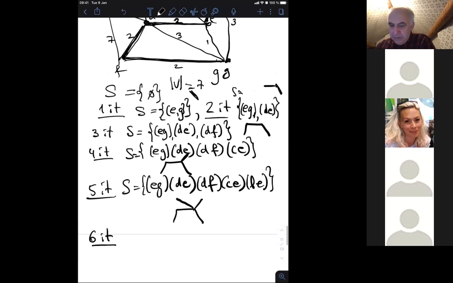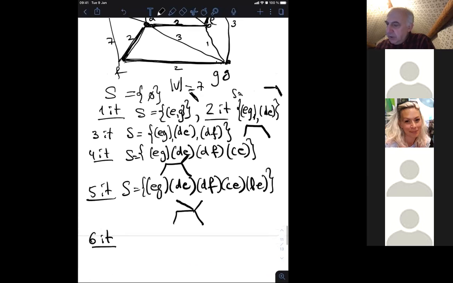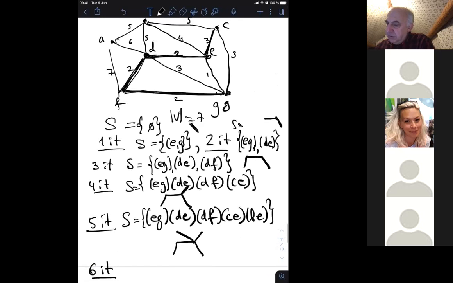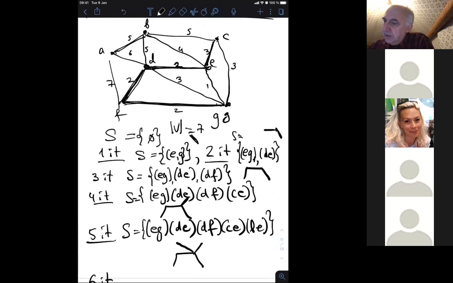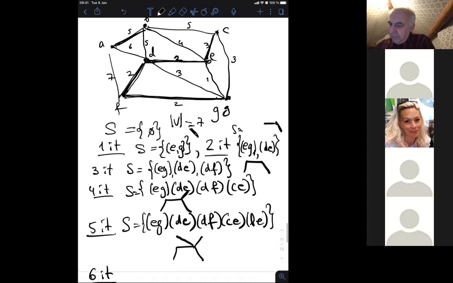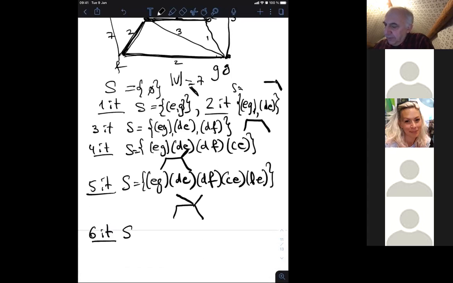Let's see. One, two, three, not to get confused. BC we cannot add because this will create a cycle. BA we can add, because this would not create a cycle. So our final S would be EG, DE, DF, CE, BE, and finally AB.